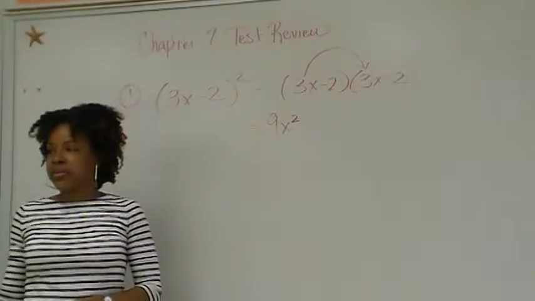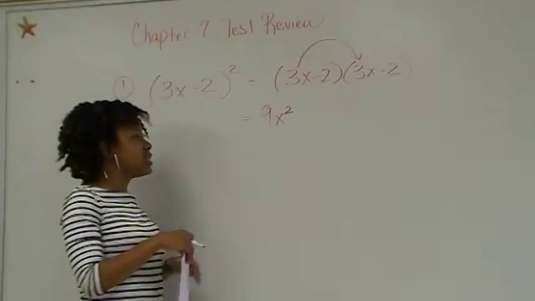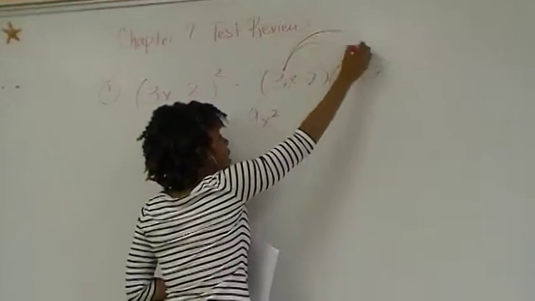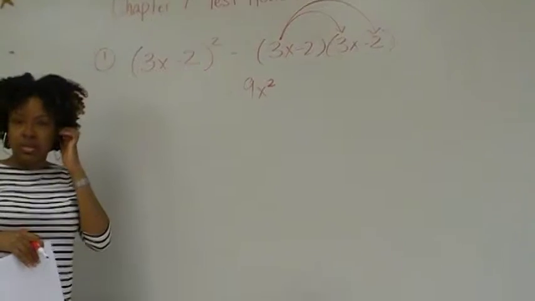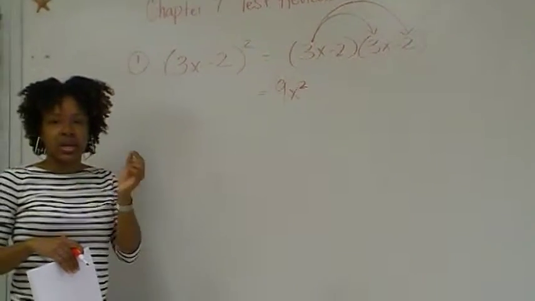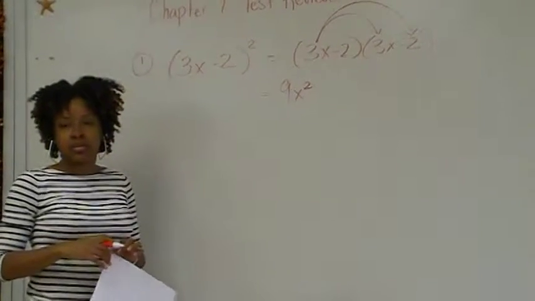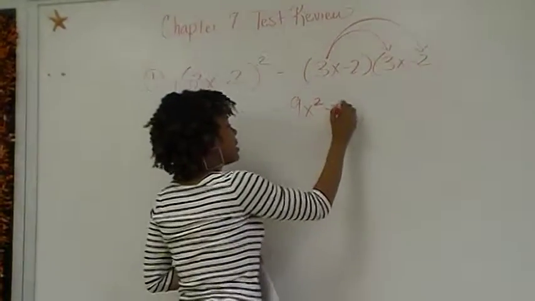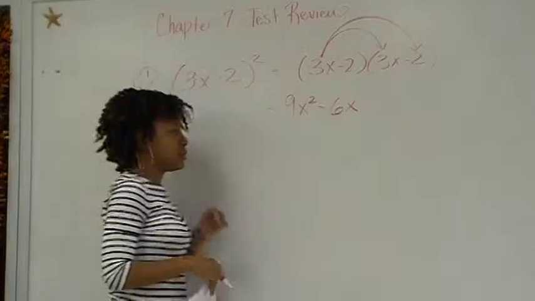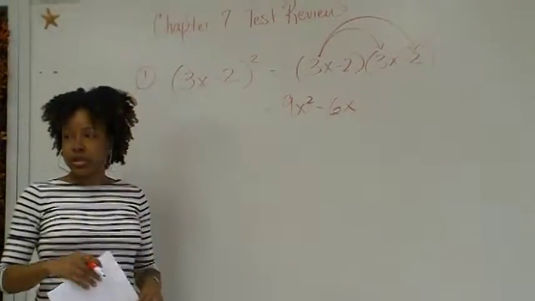So 9x squared. Okay? Next, you have 3x times minus 2. So what's positive 3x times minus 2? Minus 6x. Good. Anybody confused so far?